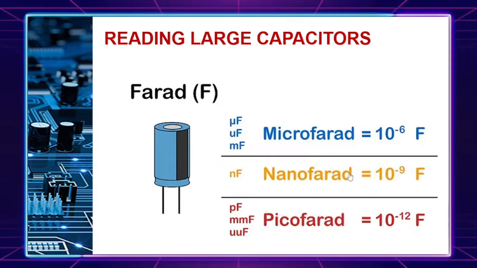I think I showed this a while ago, since we discussed the electrolytic capacitors, wherein microfarad is equivalent to 10 raised to negative 6 farad, nano is 10 raised to negative 9 farad, and picofarad is equivalent to 10 raised to negative 12 farad.